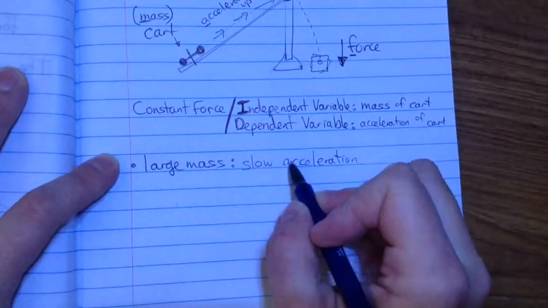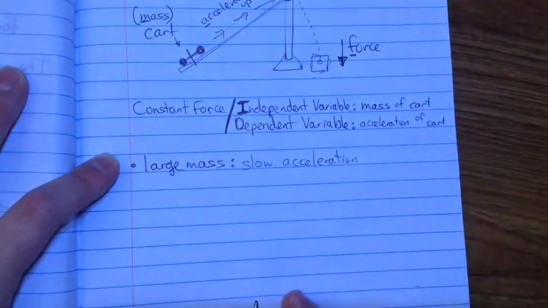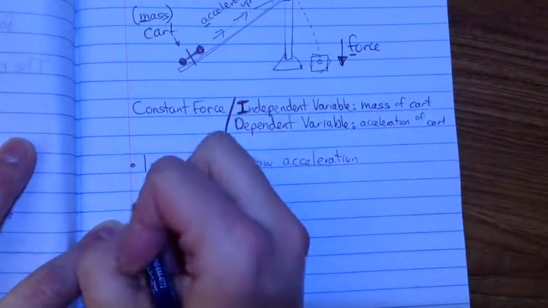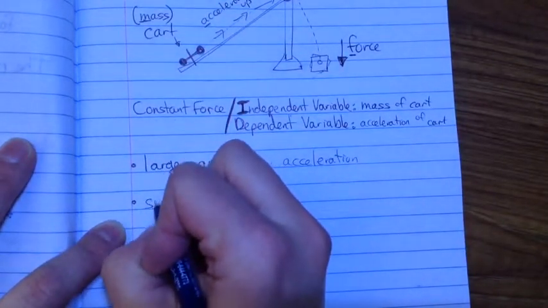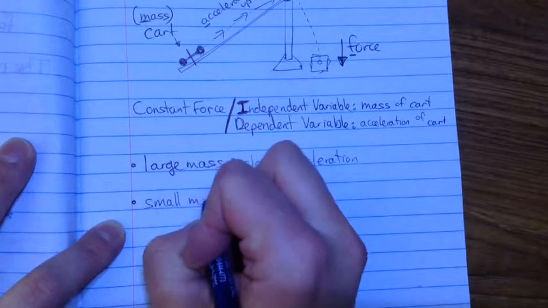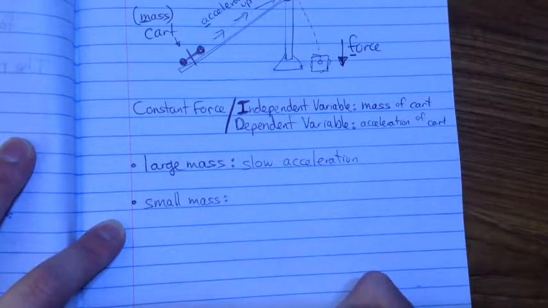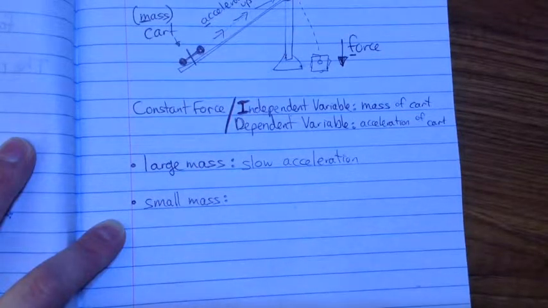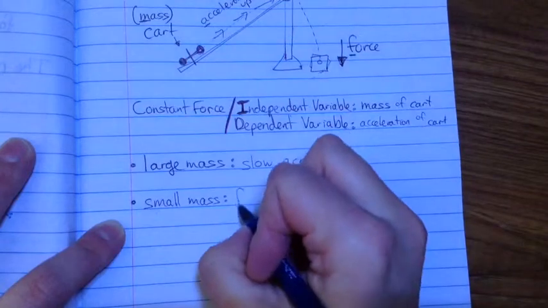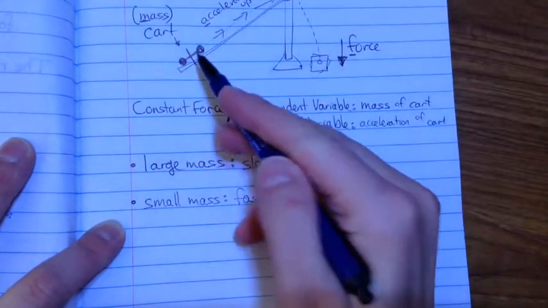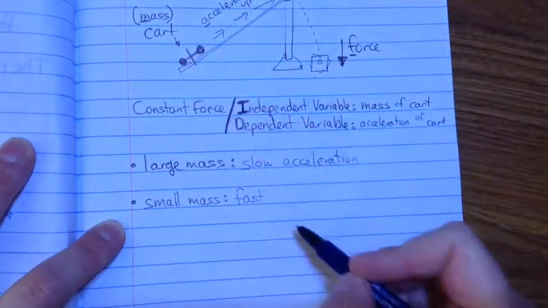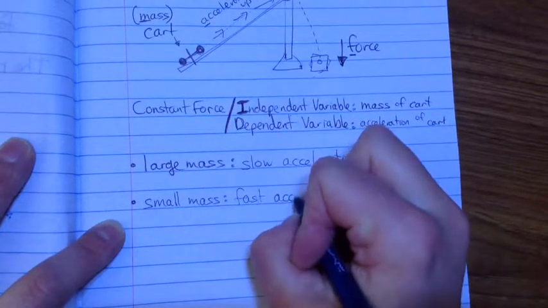Large mass results in a slow acceleration. We also did a small mass when I took the plates off the cart. When we have a small mass, what's the result? We get a fast acceleration. When that little cart doesn't have anything on it, we get a fast acceleration.